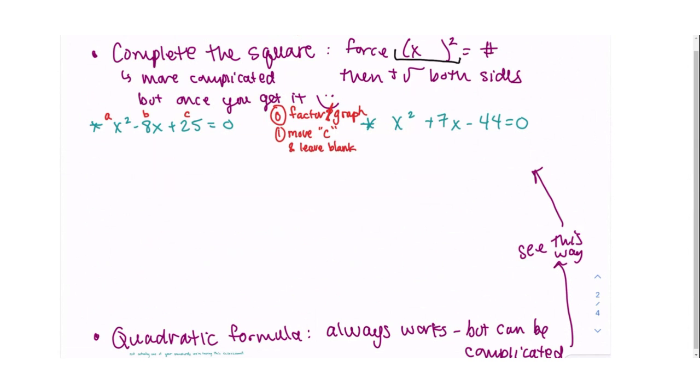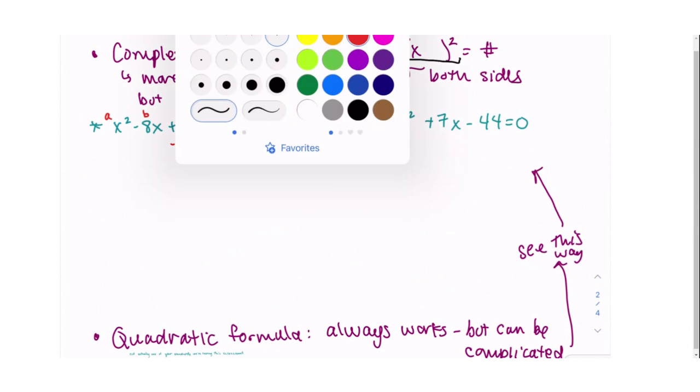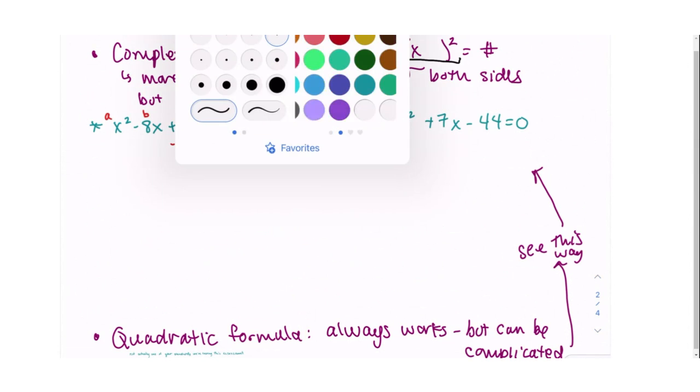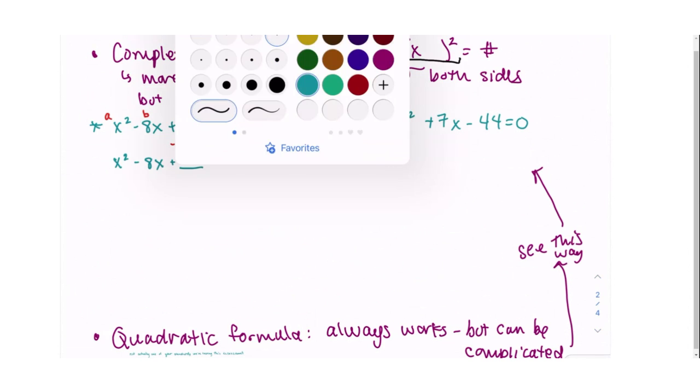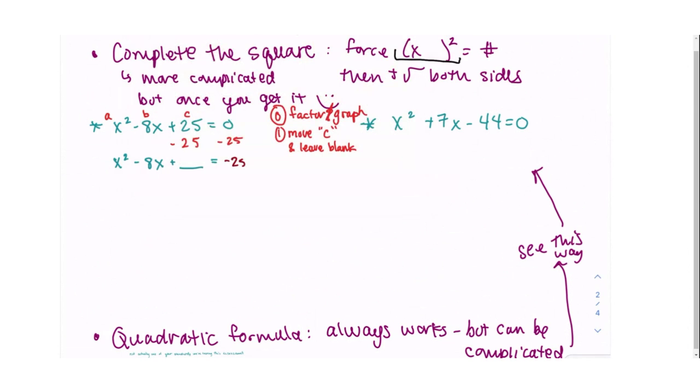So I would subtract 25, and then I'm going to leave everything that was there before. I'm going to leave the x squared, subtract 8x, and then I'm going to have plus blank equals, and then I'm going to come back to the other side, -25 plus blank. I'll show you why you're leaving the blank.